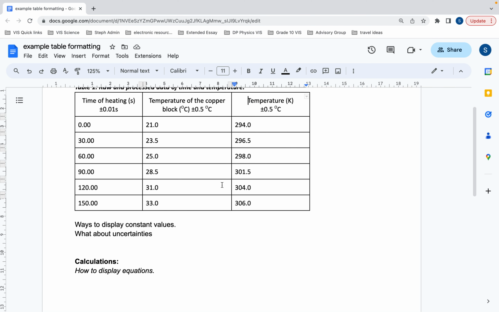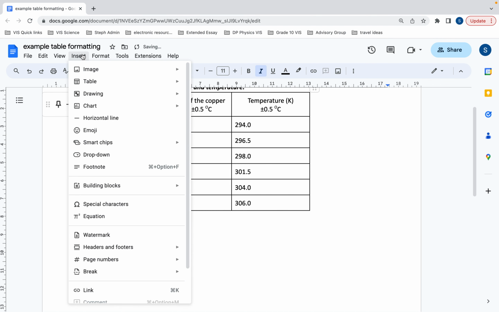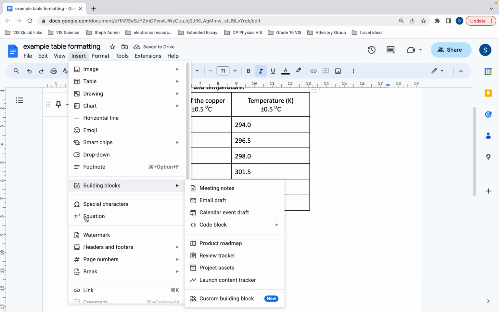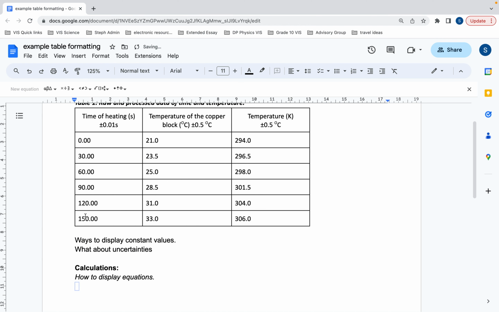The other thing is that when we've done any sort of processing, so let's say I had to calculate a range over 2, a mean, or, in this case, temperature into Kelvin, we always want to make sure we show one example of those calculations. And so usually we put the calculation just underneath the table of what we've had to process. I like to use the equation function here. So I go to insert, go to equation, and I'm just going to write temperature in Kelvin.